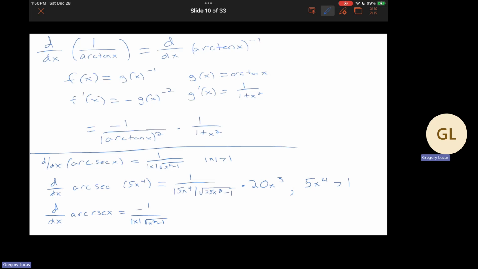If we have the minus from the arc cosine, we have the same thing for the arc cosecant. So they're almost the same thing, they just differ by a minus sign here. And then arc cotangent is minus 1 over 1 plus x squared.